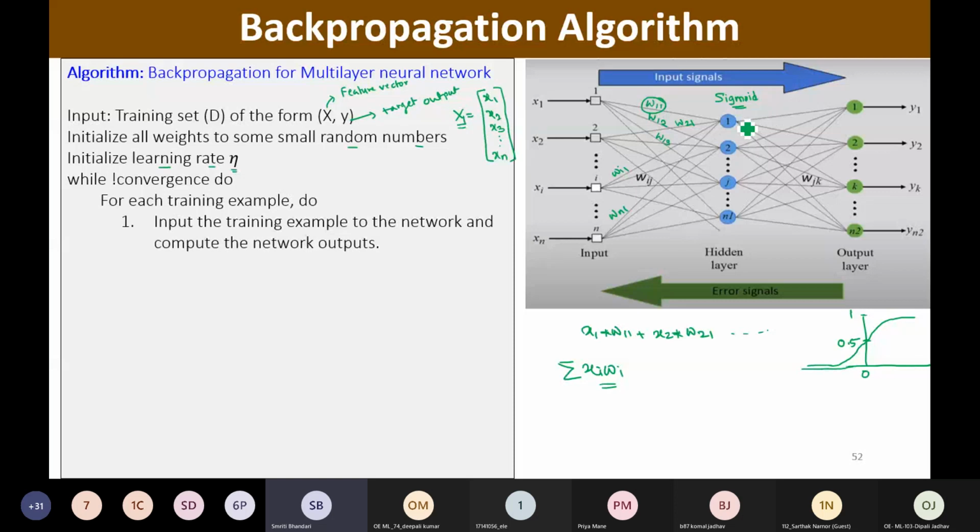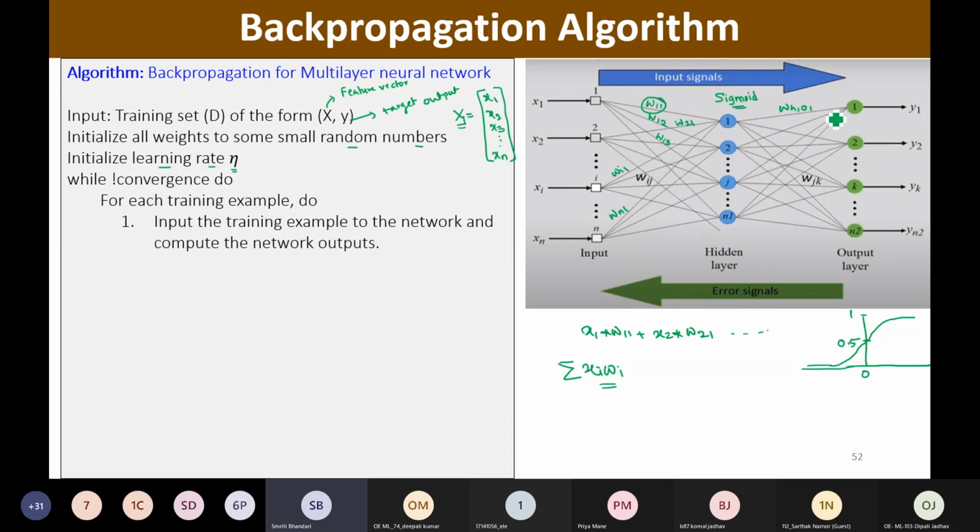Now once again, I'll be having the weight associated with this. If this is my first hidden neuron and this is my output neuron O1, let us assume, then this weight we denote as WH1O1. So it is the weight for the link from hidden unit 1 to the output unit 1.